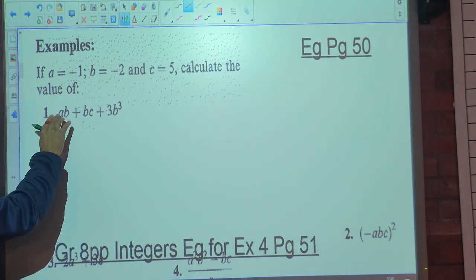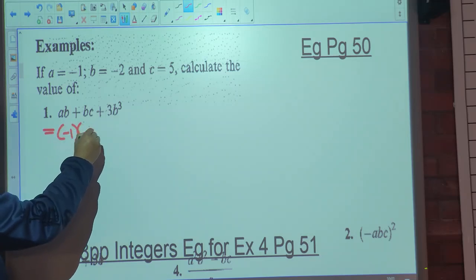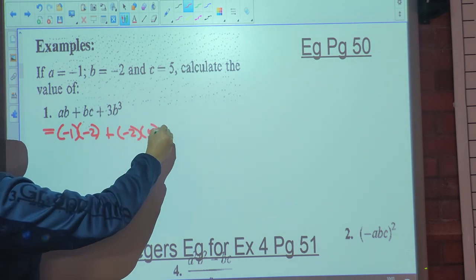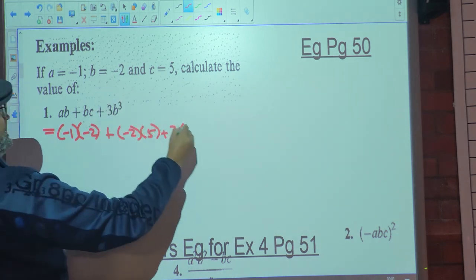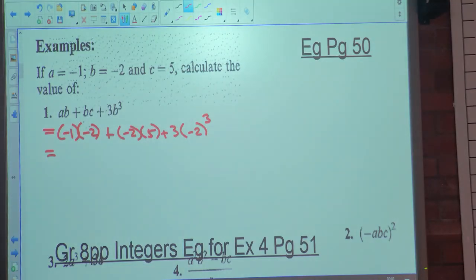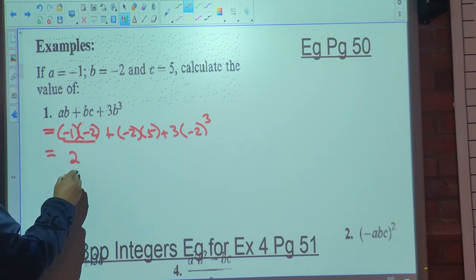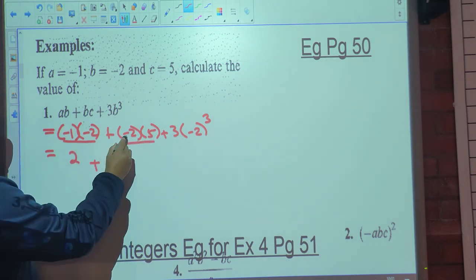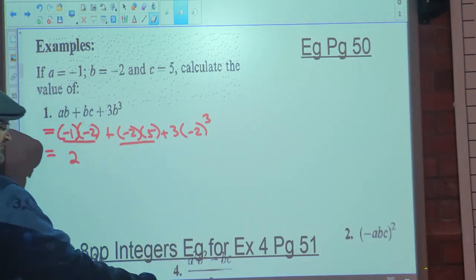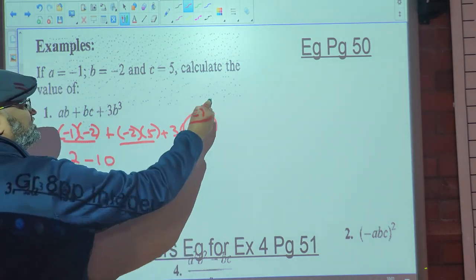People, what operation happens between A and B? Multiplication. So it's -1 times -2 plus B, -2, times 5 plus 3 times B, -2 cubed. You all okay with that? What's -1 times -2? Positive 2. What's -2 times positive 5? -10, because positive times negative is negative. Now the exponent needs to be sorted out first.